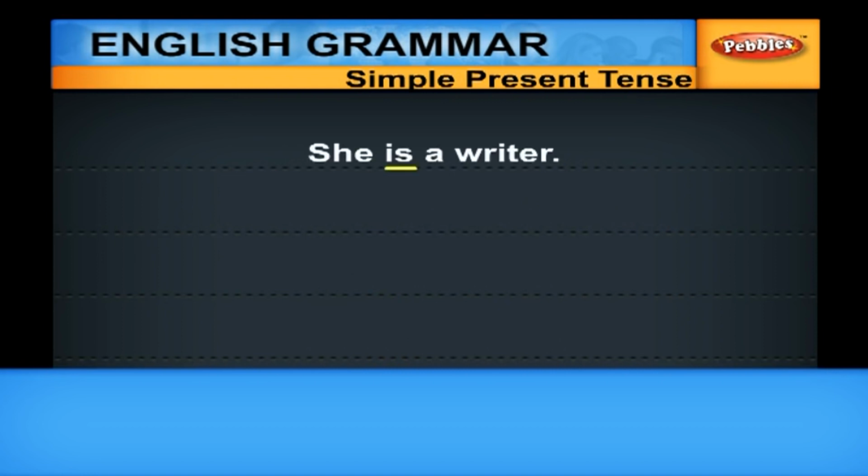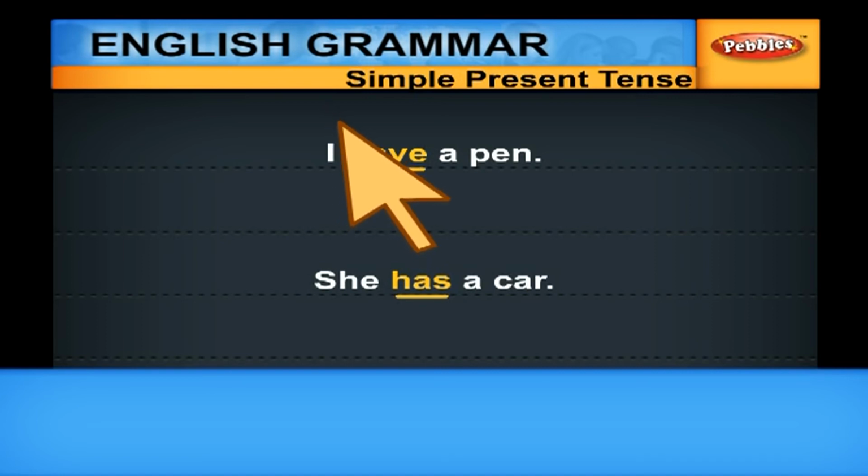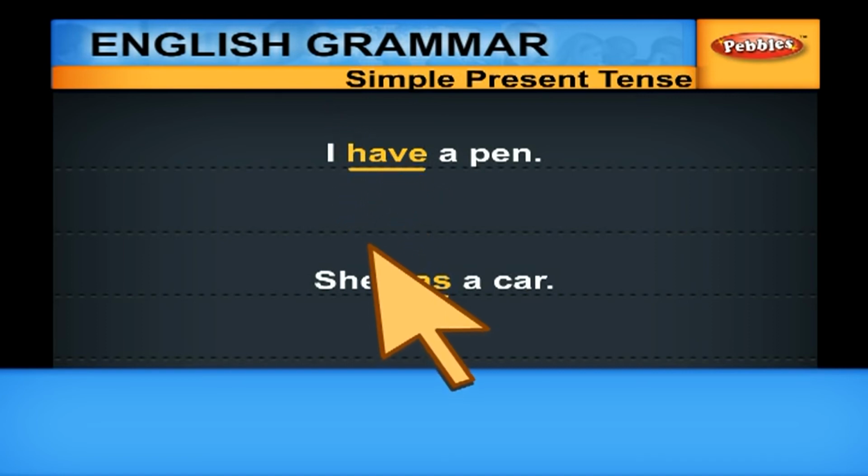Or Amanda is a writer. It is a dog. They are cats. Similarly, we can say, I have a pen. She has a car. Here, you are using an auxiliary verb as a main verb.